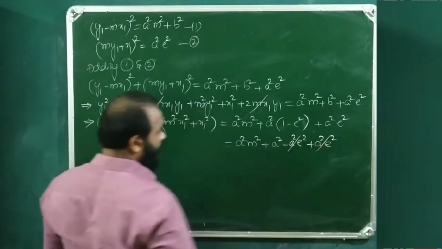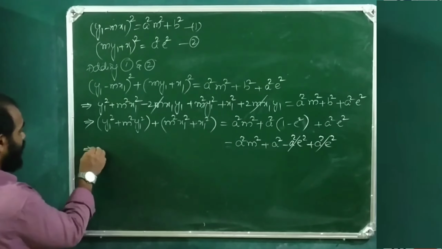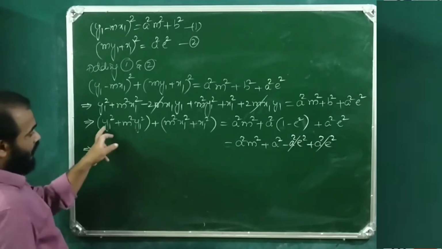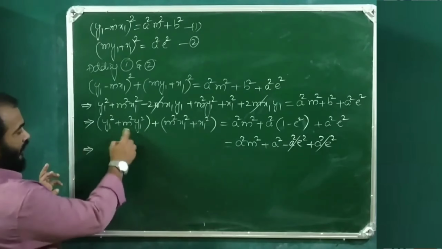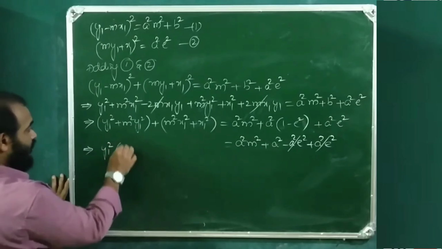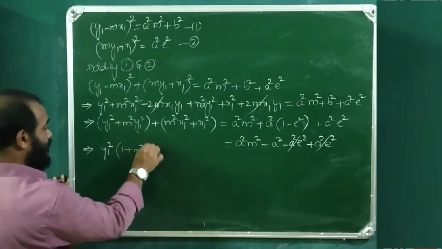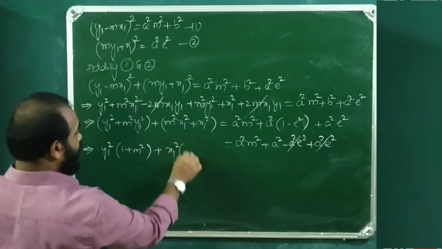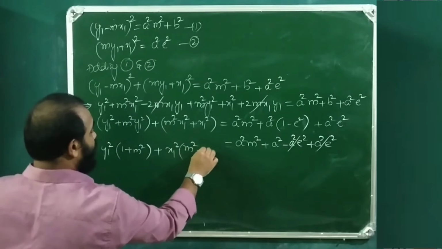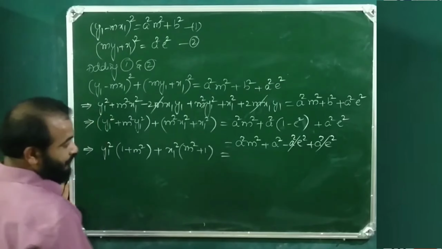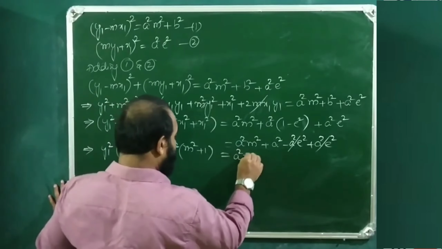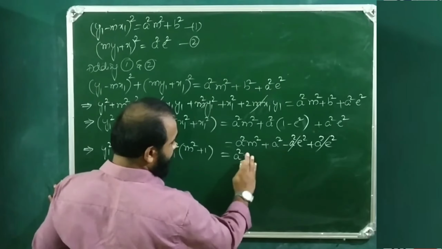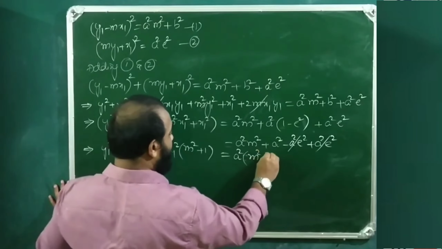The a square e square terms get cancelled. Taking y1 square common, we get 1 plus m square, and taking x1 square common, m square plus 1.